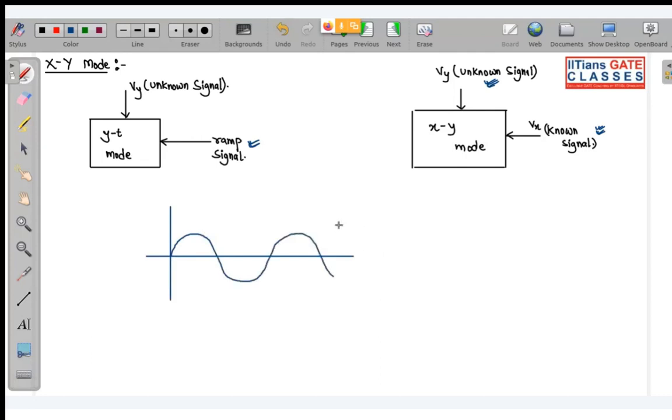This is your simple harmonic motion where zeta is equal to 0. Now what is this zeta? What is zeta?